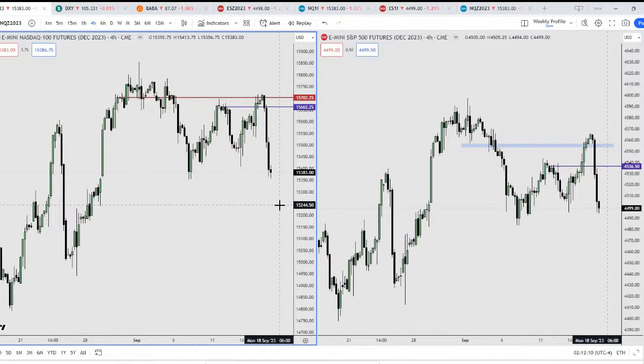So FOMC wise, there are usually two stages of that. I've discussed it previously. Basically, ICT teaches that for FOMC, the first impulse would be a false move. So between 2 to 2:30, that would be the false move, and then 2:45 onwards, you would see the real move start.